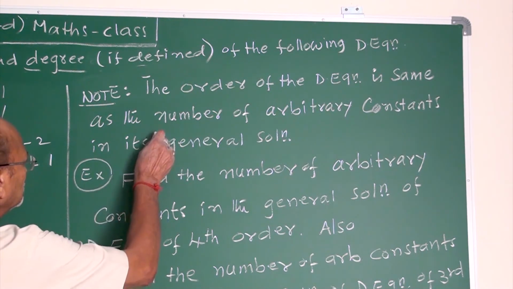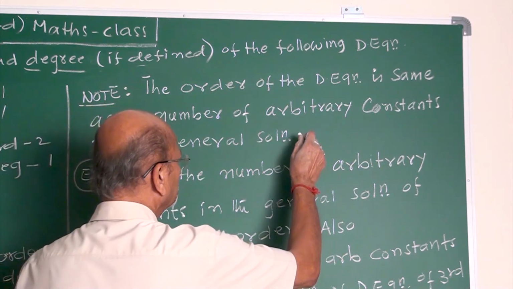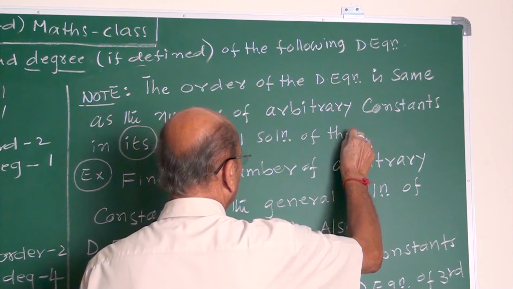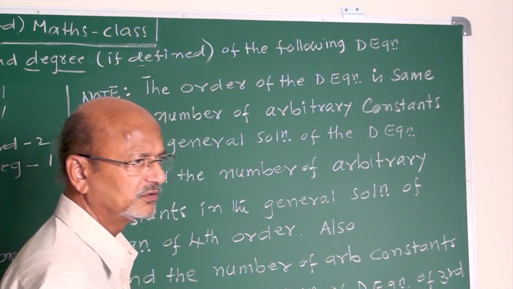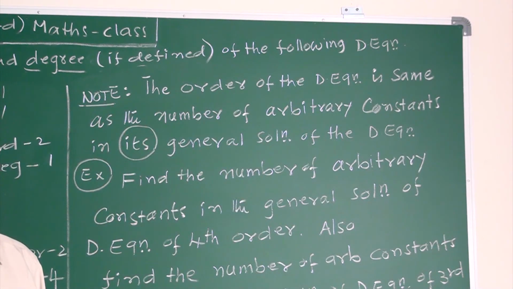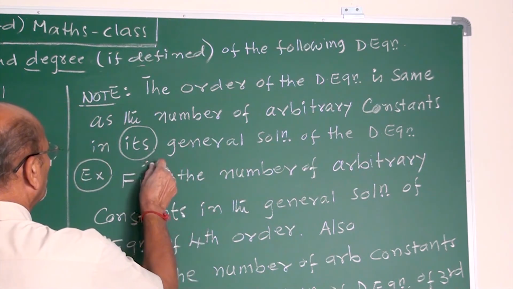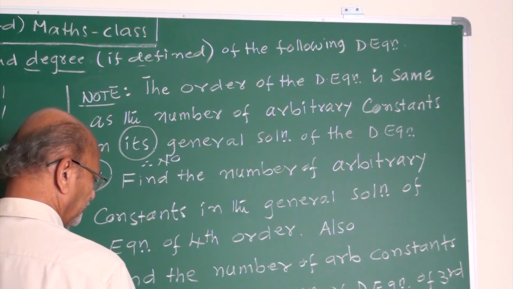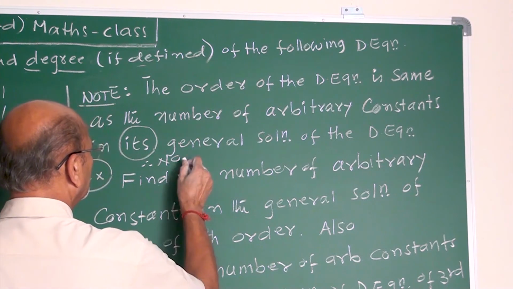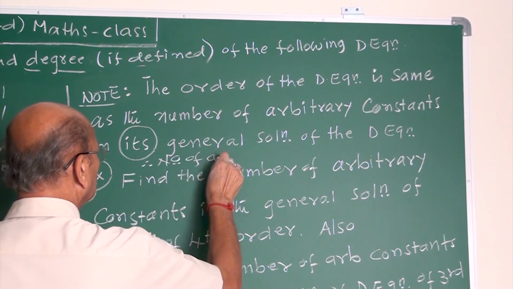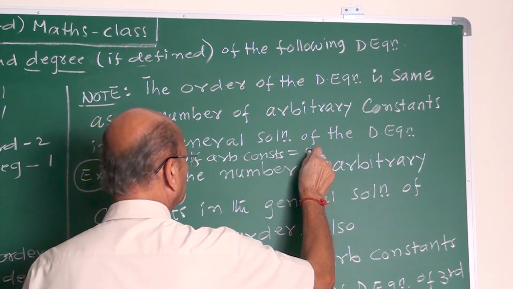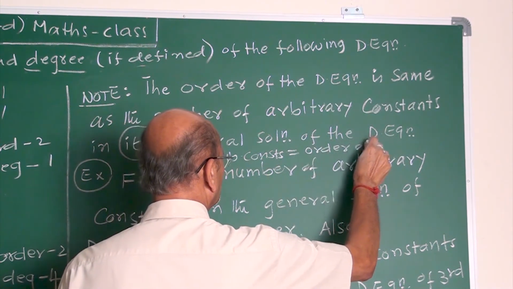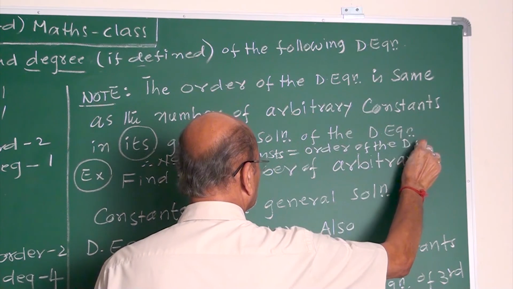Therefore, the number of arbitrary constants is equal to the order of the differential equation.